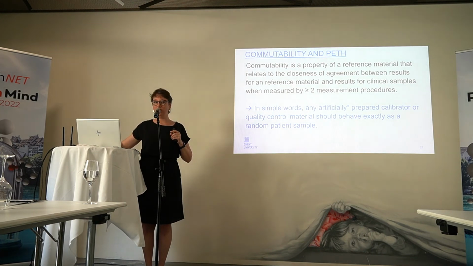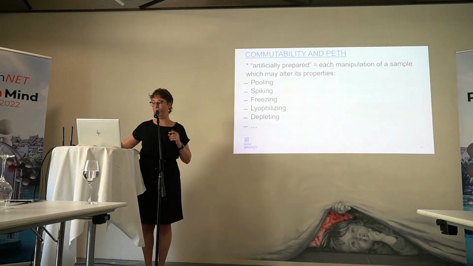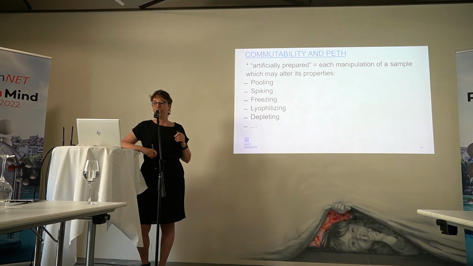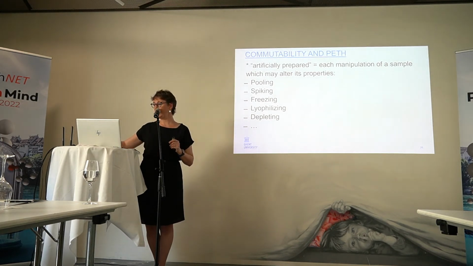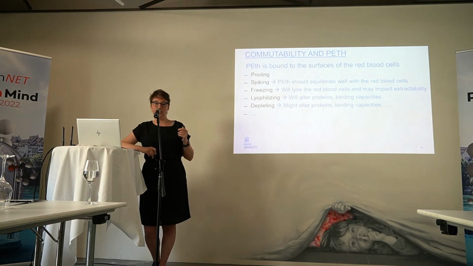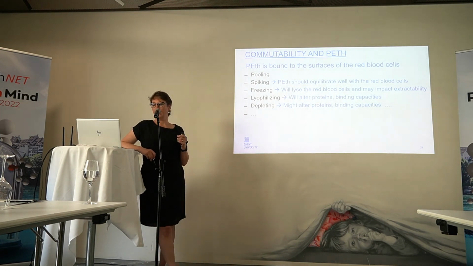What is understood as artificially prepared is actually each manipulation of a sample which may alter its properties. It goes from pooling of a sample over spiking, freezing, lyophilizing, depleting. And I think we all know spiking, for example, for PET is very difficult.